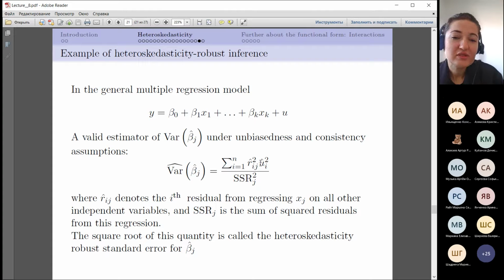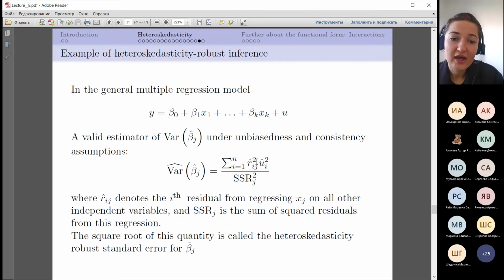This formula looks very similar to what we discussed in the previous seminar. We took a look at the formula of coefficient variance in the multiple regression model.